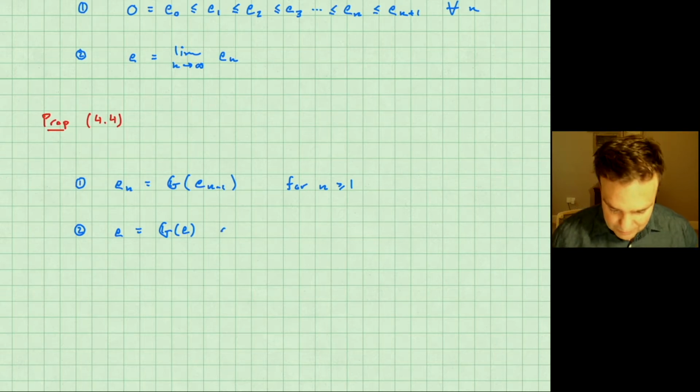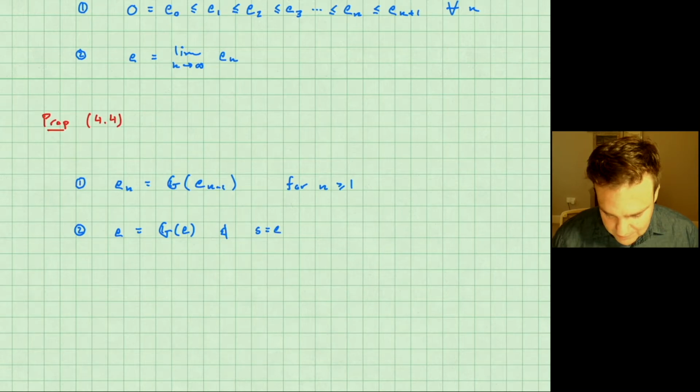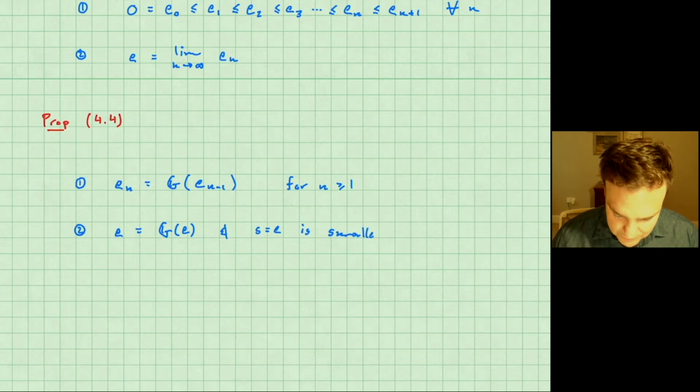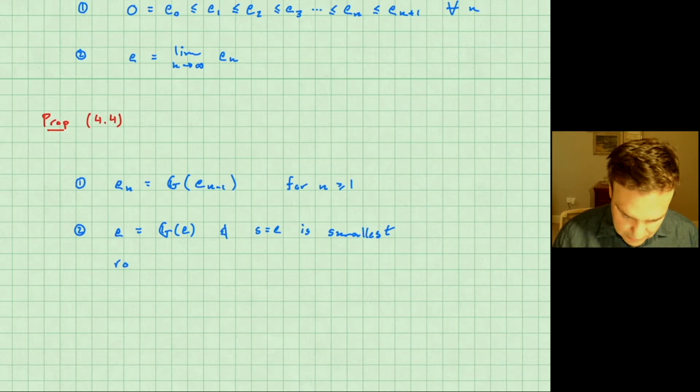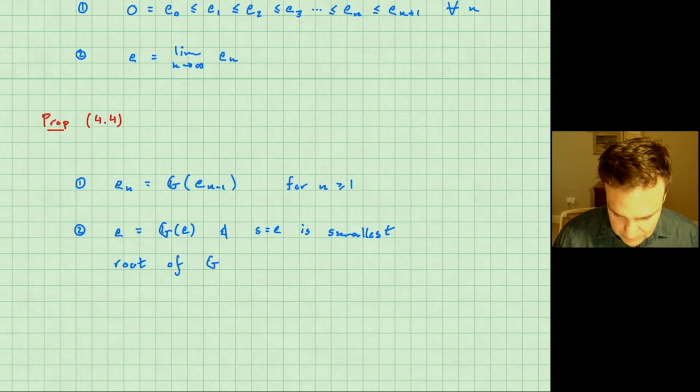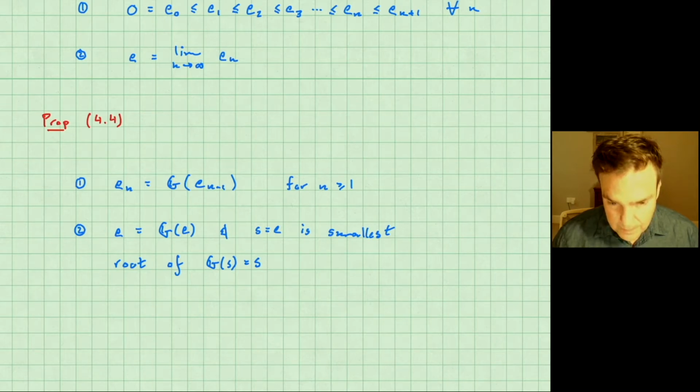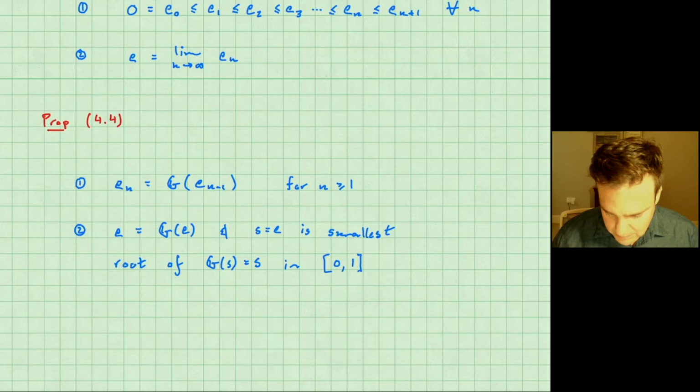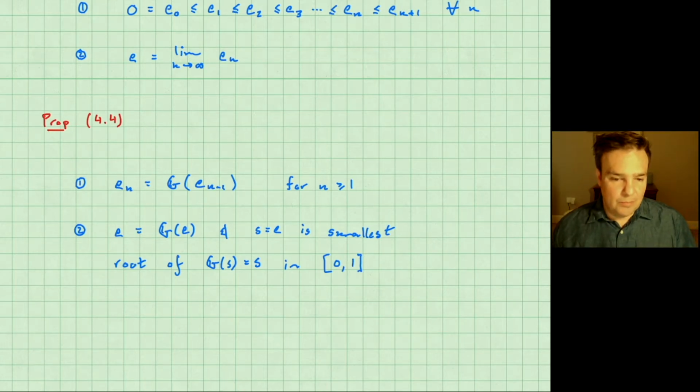But what's funny here is we're going to say s equals E. In other words, E is the smallest root, or smallest solution, of the following, in the range 0 to 1, in the interval 0 to 1. There can be multiple solutions there, and so E will be the smallest one.